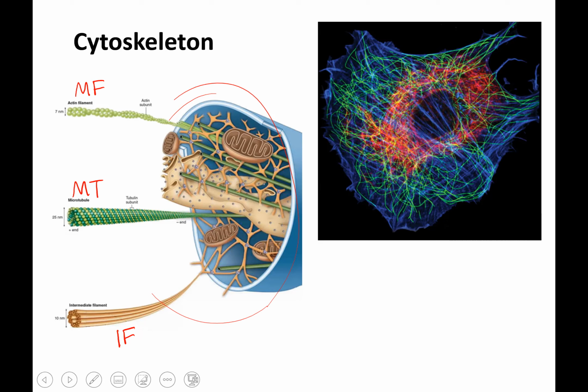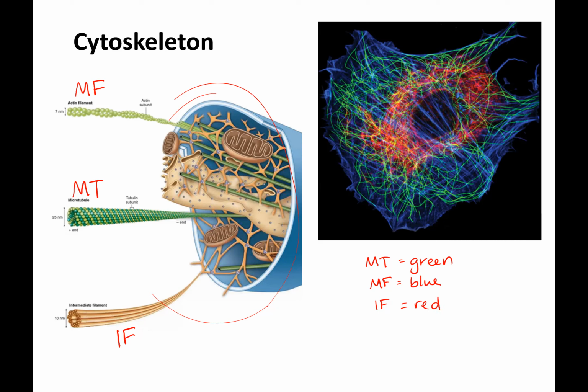This is called immunofluorescence. So it is a type of light microscopy, but we're using molecules that are stained that interact with specific molecules in the cell. So for instance, the microtubules in this picture are in green. The microfilaments are in blue, and a specific type of intermediate filament is in red.